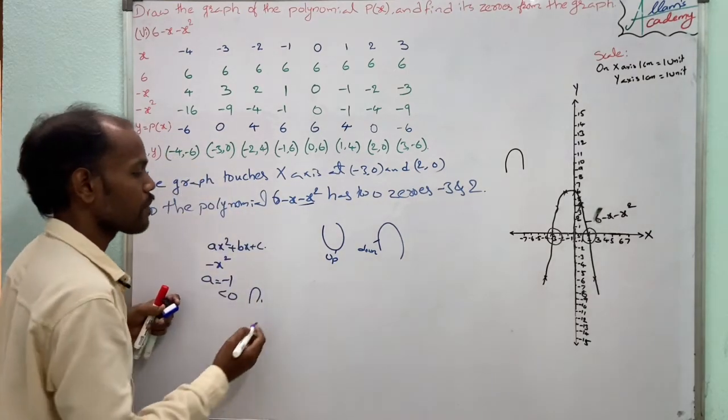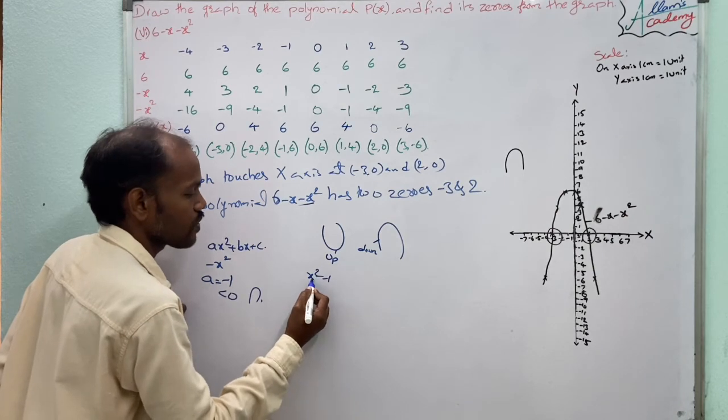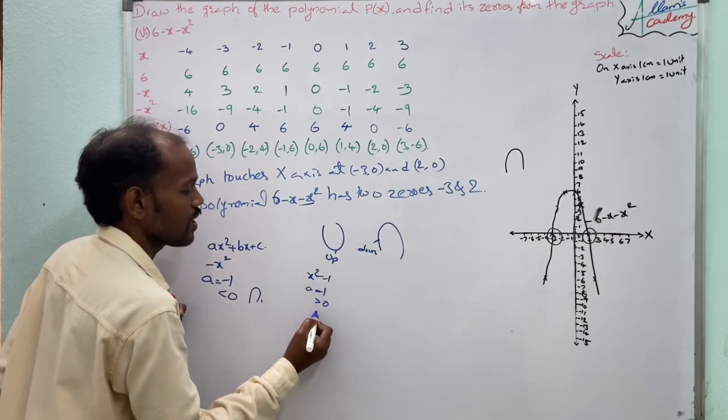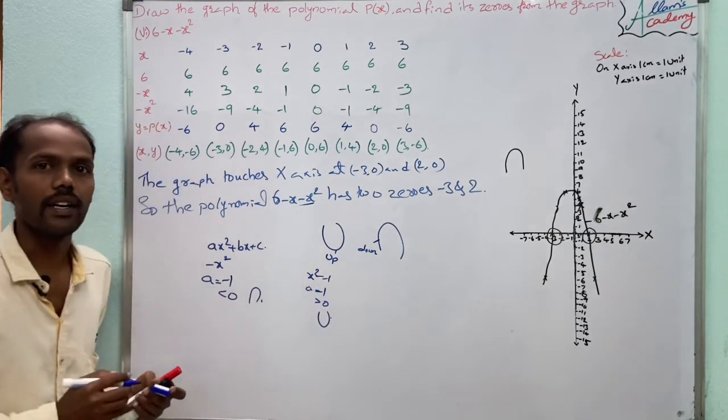In the problems before, for example x square minus 1, here the x square coefficient is equal to 1. So it is greater than 0, and here we get an upward parabola.